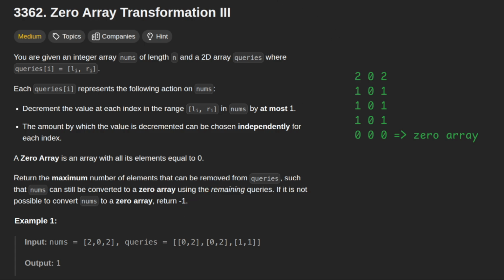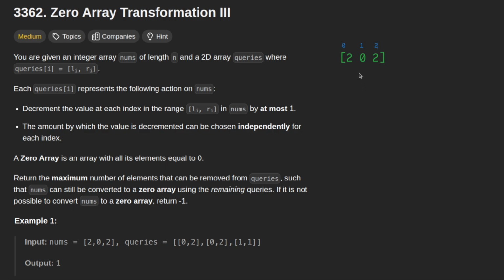Okay, so let us understand this question once more. Suppose I have been provided with an array [2, 0, 2], and I am also writing down the indices here: index 0, 1 and 2.